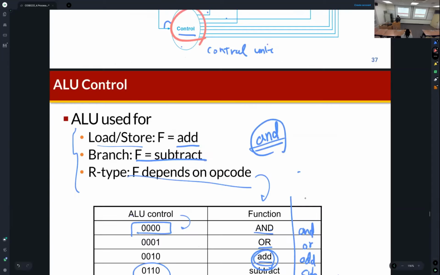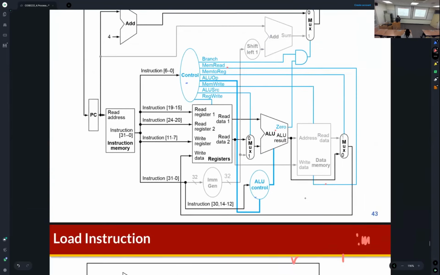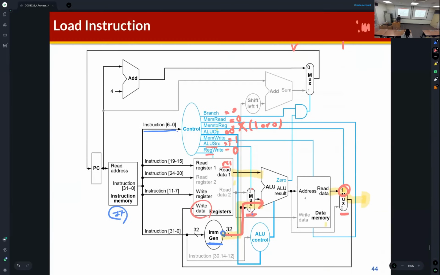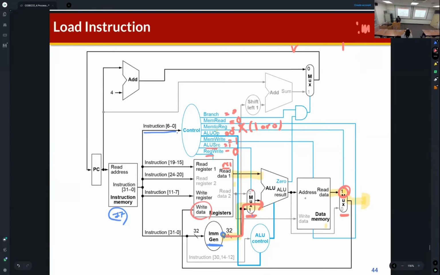Okay, then we can define the required control signals for different kinds of instructions, right? Usually, in the single cycle processor design, there are two control units: the main control unit and the ALU control unit.